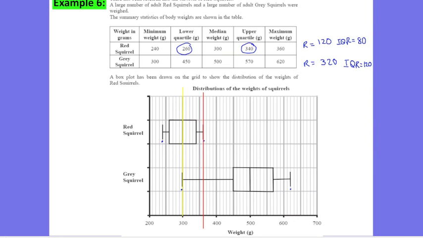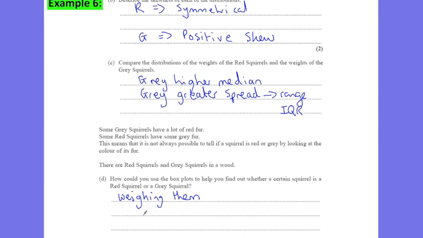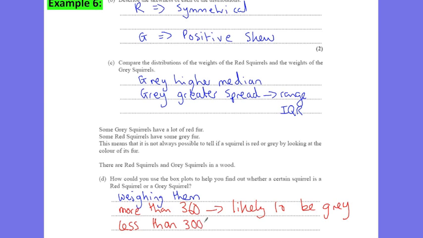So there are the 2 points there that you really need to identify from your box plots. So if we see more than 360, it is likely to be grey. If we weigh them and they are less than 300, using the minimum value for the grey, they are likely to be red squirrels.